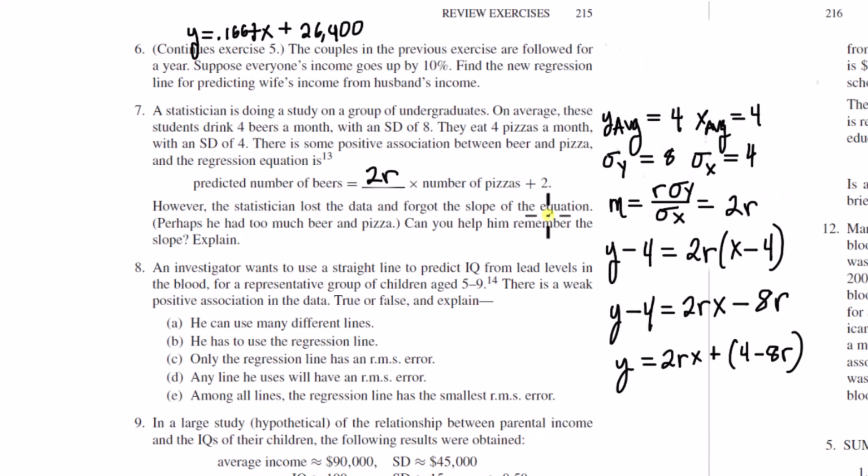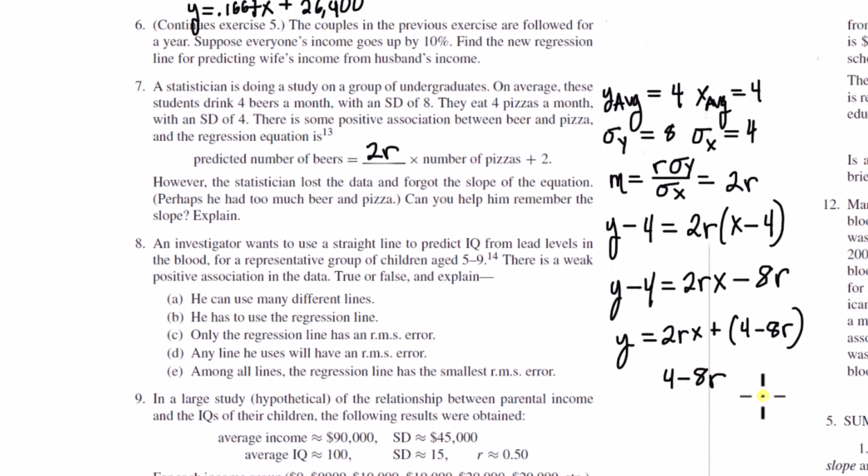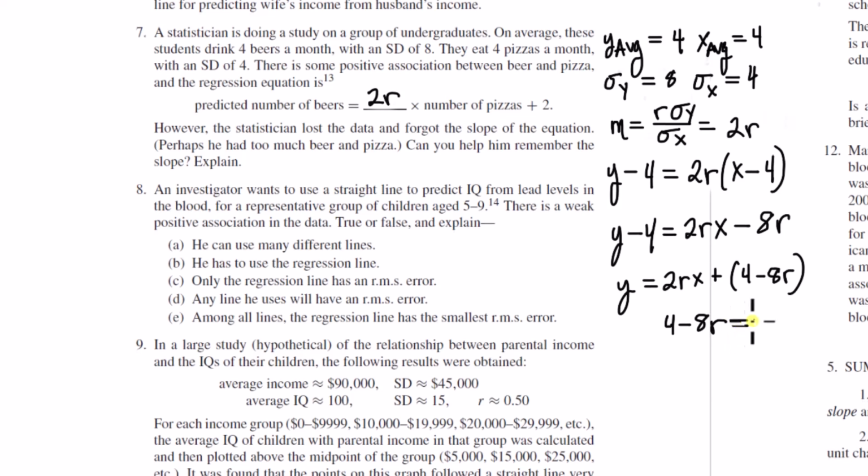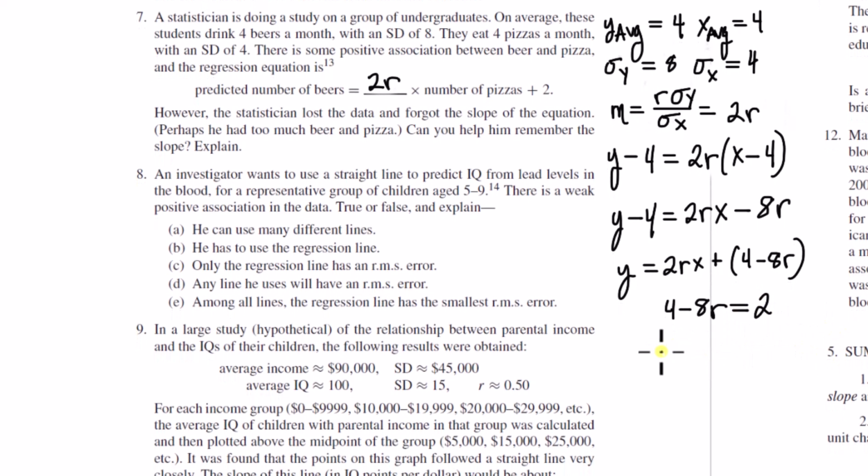Yes, it does, because 4 minus 8r, we can see that's the y-intercept, is equal to 2. So 2 plus 8r is equal to 4. 8r is equal to 2. So r is equal to 2 divided by 8. R is equal to 1/4. So 1/4 times 2 is 1/2. So there we go. We got the correlation coefficient, and then we also got the slope.